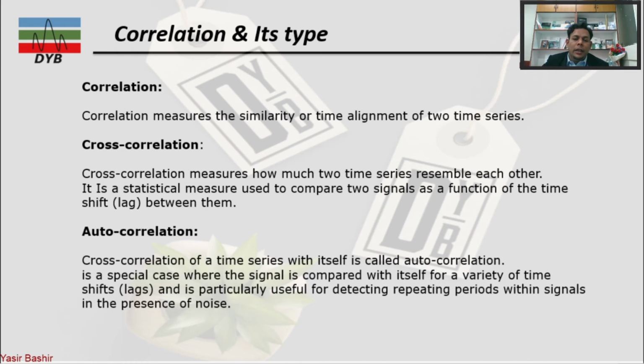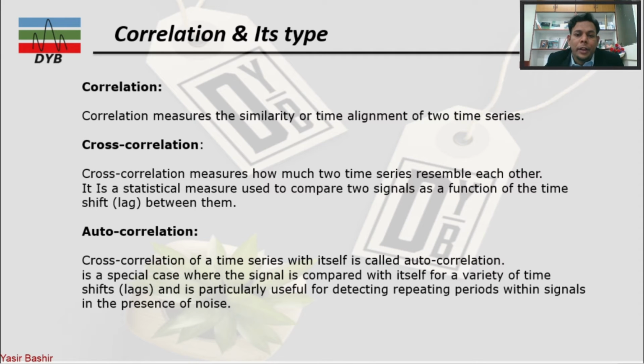Another term that is used is autocorrelation. Autocorrelation is the correlation of a time series with itself. So let's say you have one trace, then you autocorrelate it with itself. It's a special case where the signal is compared with itself for varying time shifts. I'll give you one example of this.